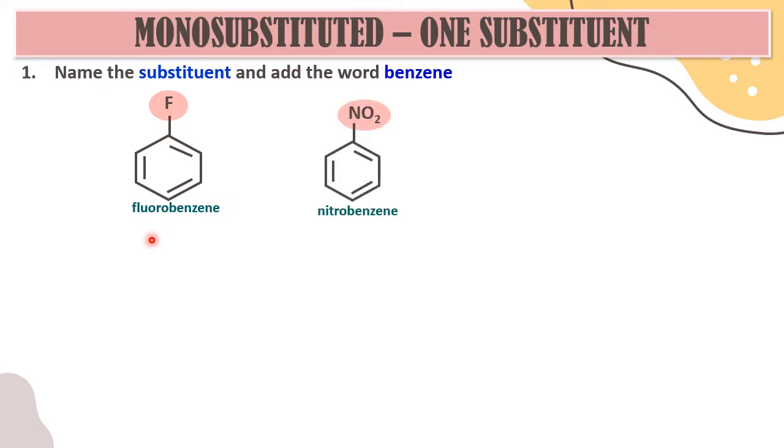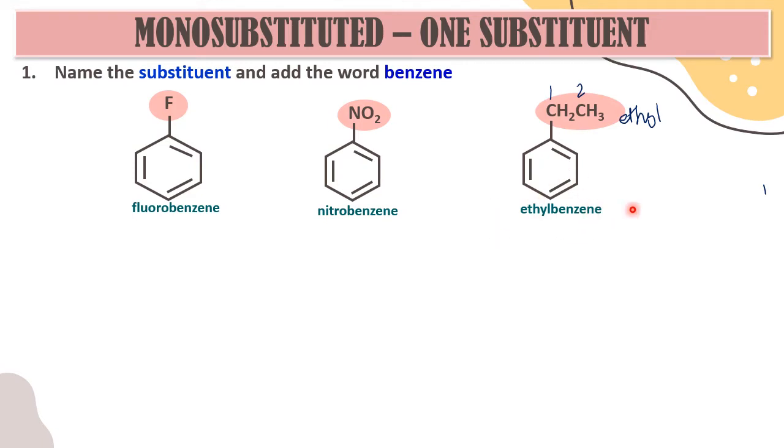Next, here you have NO2. NO2 as a substituent or functional group, we call it nitro. So nitrobenzene. Next, here we have our alkyl group. We have 1, 2, so a 2 carbon alkyl group. This is our ethyl. Thus, the name of this compound will be ethylbenzene.